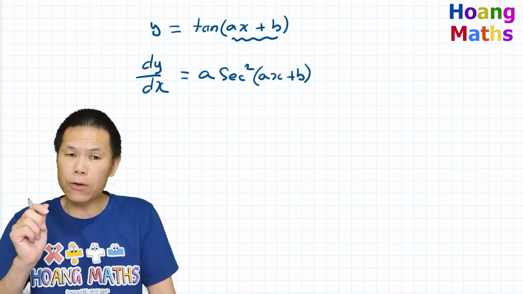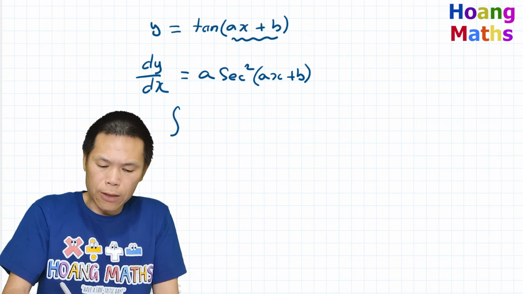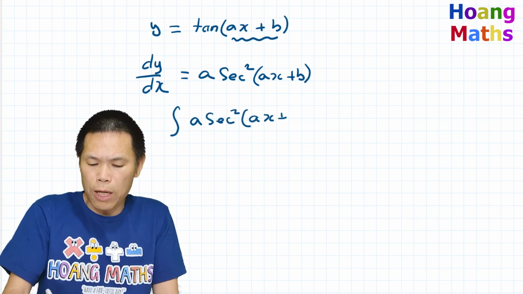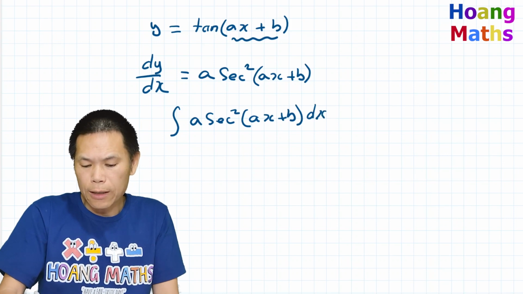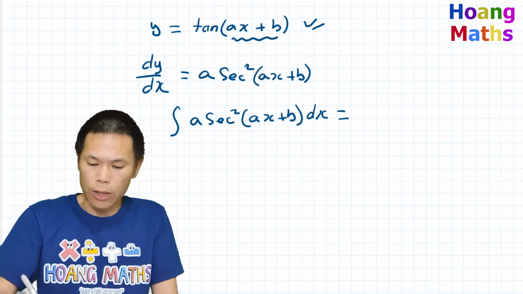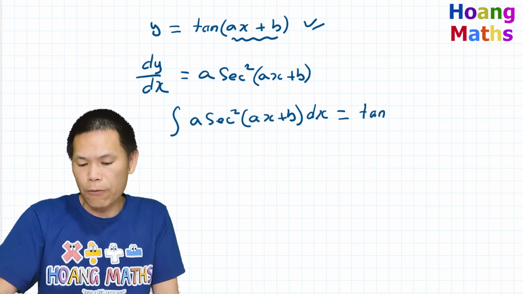Now if I integrate a sec square of ax plus b dx, that will go back to this original function here. So that is equal to tan of ax plus b.